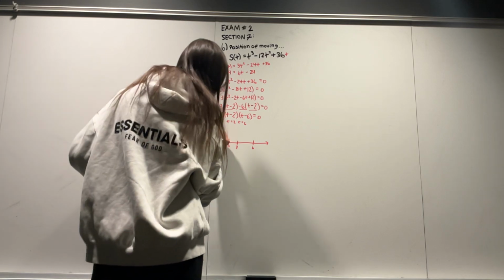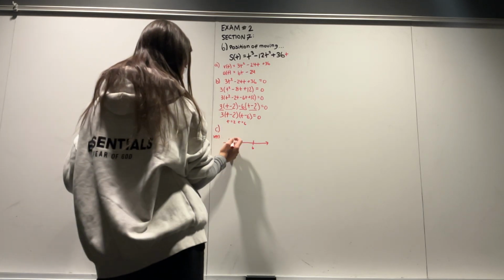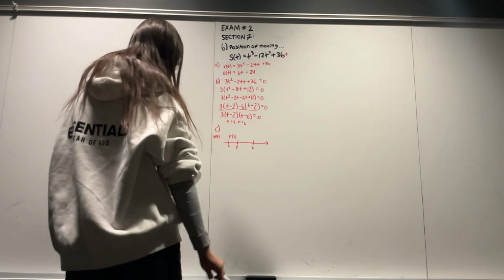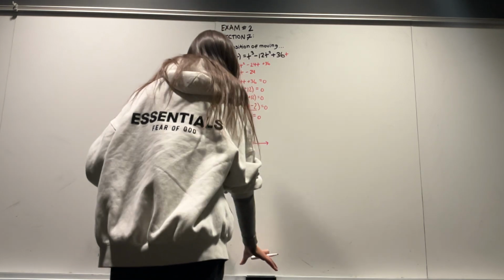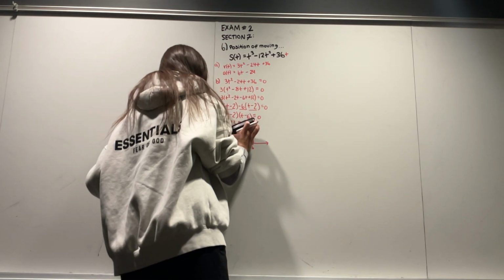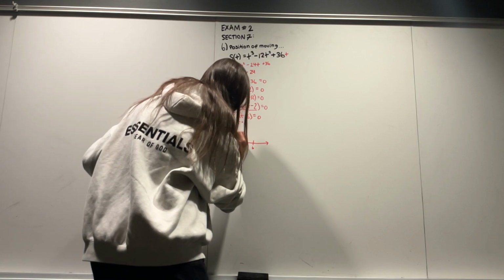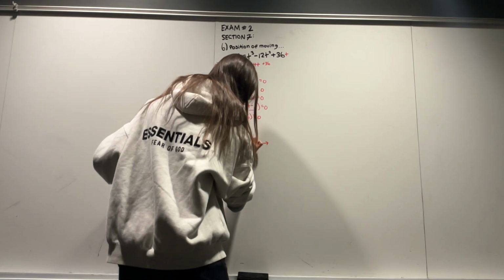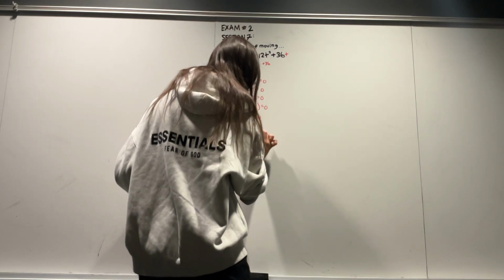Now we're going to choose a value right here, and that could be 1, so v of 1, and this would be v of 5, and then this could be v of 7.